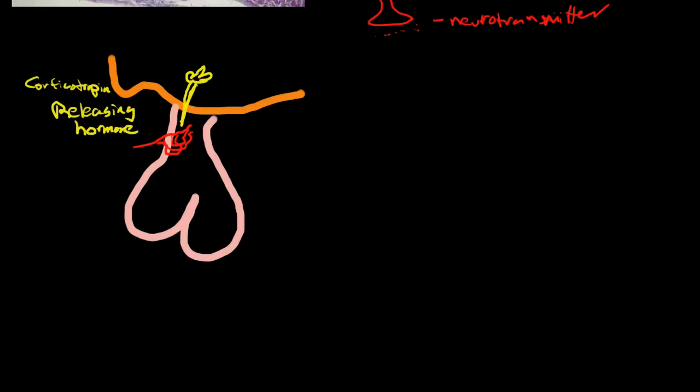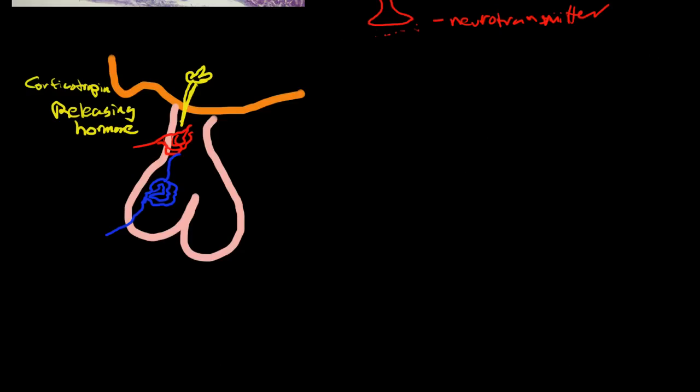The capillary bed narrows down into the portal vein, and then it opens back up into a second capillary bed, which narrows down into another vein and goes back into systemic circulation.